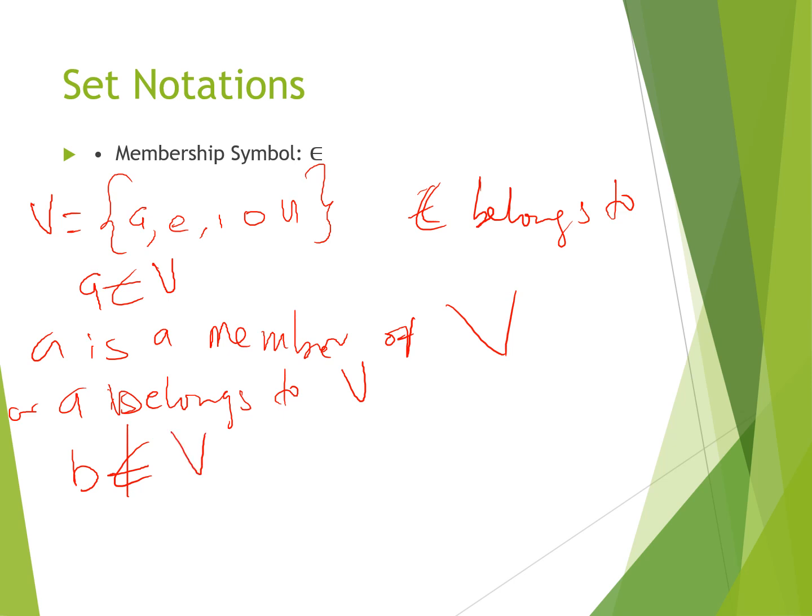B is not a member of V. So that is just how to show that an element is a member or is not a member. So this symbol means belongs to or is a member of, while this symbol means does not belong to or is not a member of.